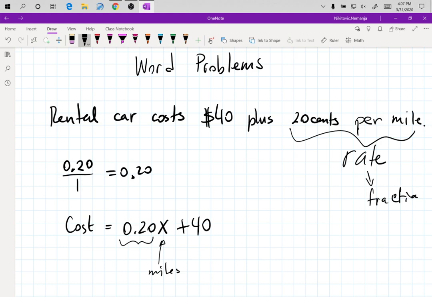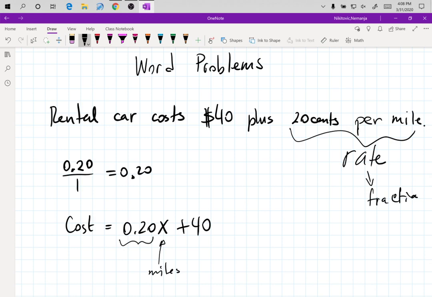So insurance, right, is, the gas use, right, is, we can do these problems with insurance as well. We can do it with the gas, we can do it with the prices. There are just so many different things that we can do with this, right? In this particular problem, you are renting a car, and it's 20 cents per mile.